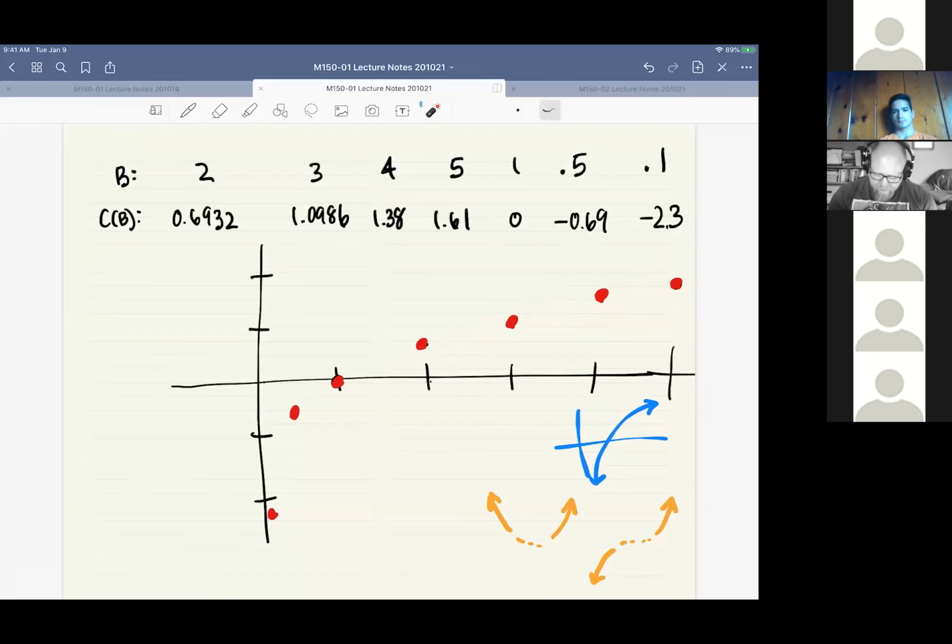So it's going to turn out that Alexia is right. This is following a logarithmic pattern.